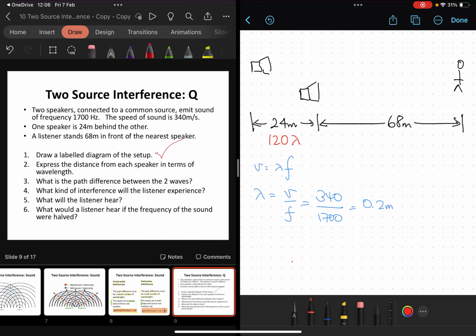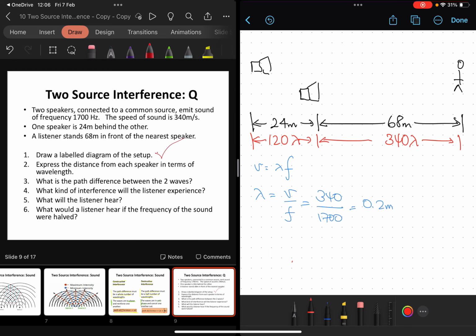And similarly, I'm going to get 340 wavelengths fitting into a distance of 68 meters. So how have I arrived at those two numbers? I take the total distance, 24, and I divide it by the distance for one wavelength, 0.2. Okay, so now I've expressed each distance not in terms of meters, but in terms of wavelengths.